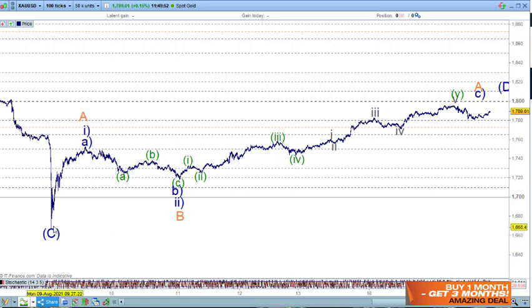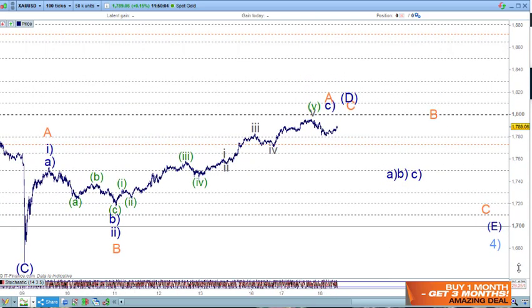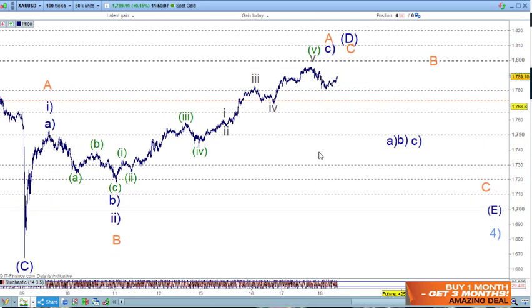So from wave C low here, we can look at it as wave 1 or wave A, and wave 2 or wave B. What we've been doing during the week, as you may know, is looking at the move up as wave 1 and 2, and then we counted 1, 2, 3, 4, and then 1, 2, 3, 4, 5.